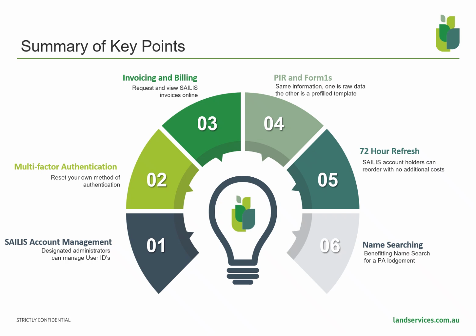PIR and Form 1s: same information, one is raw data, the other is a pre-filled template. 5. 72-hour reorder: as long as you have a SAILIS account, you can reorder with no additional costs. 6. Name searching: benefiting name search is great to see if a power of attorney has been lodged.